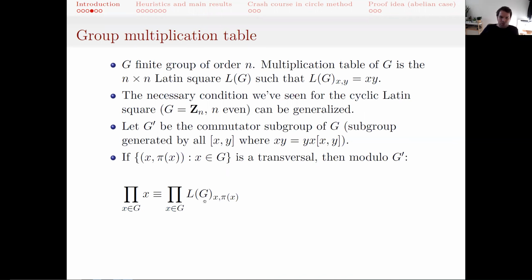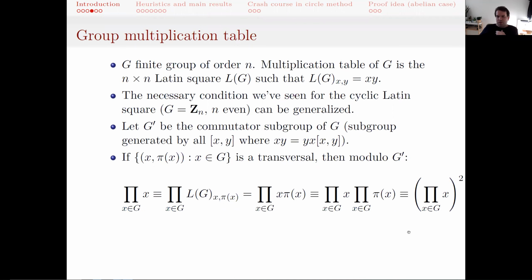But then we can swap the order of these elements, and we will stay in the same coset of G prime. So this is just the product of the elements of our group. But then for each x, we know that the entry is equal to x times pi of x, that is the way we define our multiplication table. And then again, we can just swap the order of the product of these guys. So it would be the same coset of G prime, and then we get that this is just the product of all the elements in our group squared.